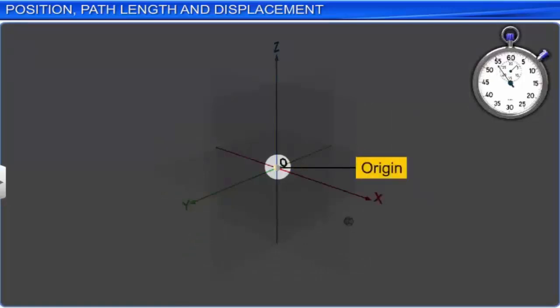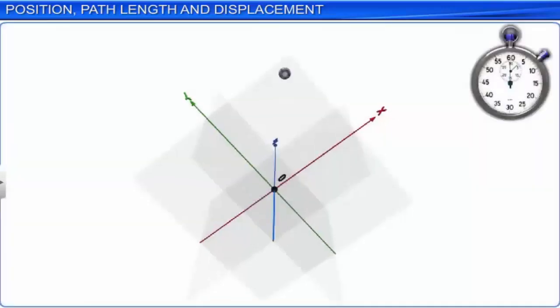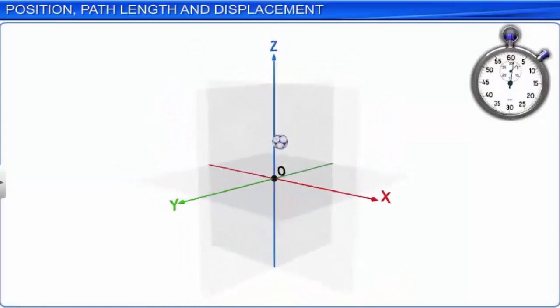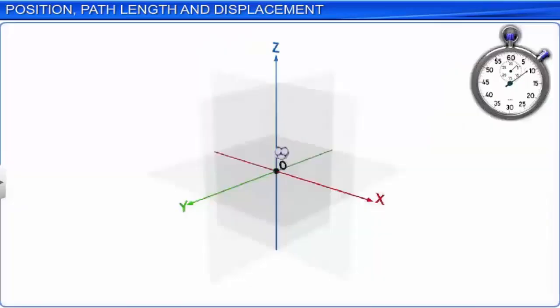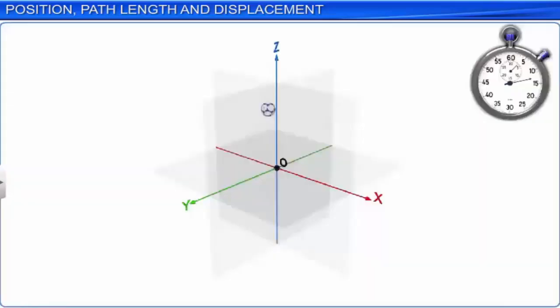The origin is used as the reference point for the body. To specify the position of a body, its x, y, and z coordinates are given with respect to this rectangular coordinate system. A stopwatch is included to complete the frame of reference.